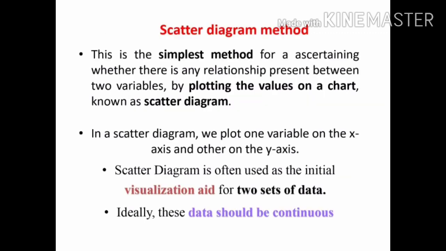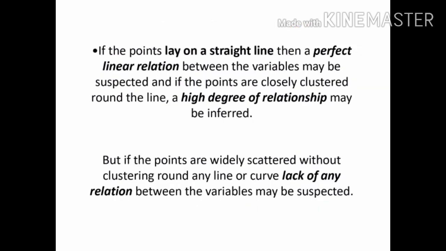In a scatter plot diagram, we plot one variable on the x-axis and the other on the y-axis. The scatter diagram is often used for the initial visualization of the data.